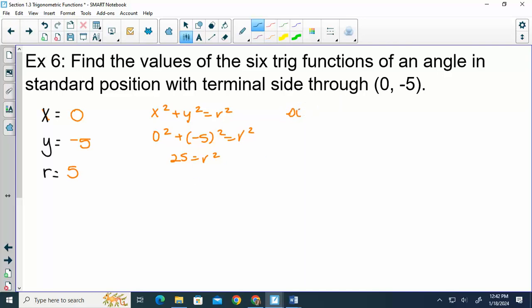So, sine of theta is y over r, negative 5 over 5 is negative 1. So that means cosecant of theta is also negative 1. Cosine is x over r, so 0. So what would secant be?